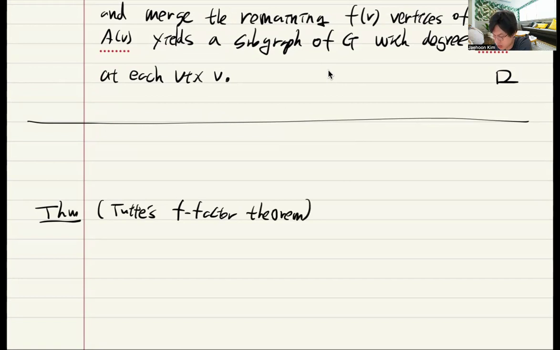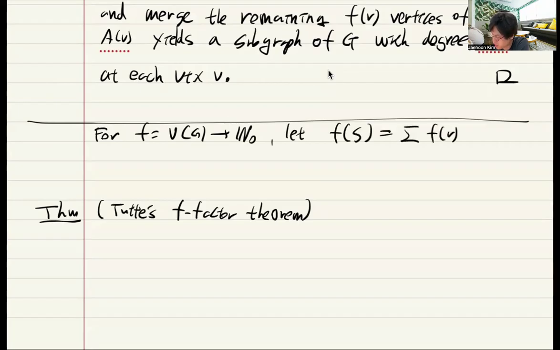So for that, let's define some terminology. Say for a function f defined on the vertices, we let f of S, for a vertex set S, be the summation of f over all the vertices.